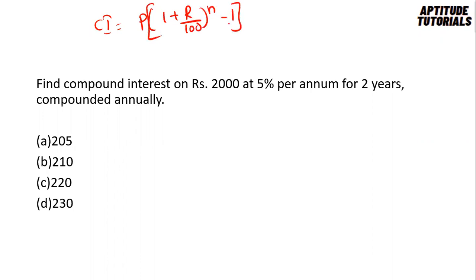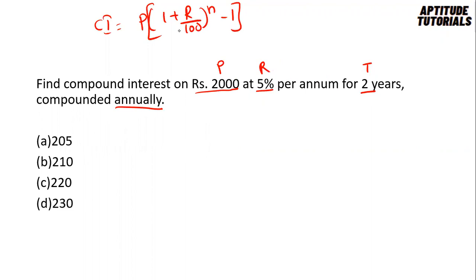So you have the values already here. It's a direct question. Find the compound interest on rupees 2000 means this is the principal that you're investing in this question, and rate of interest is nothing but 5%. Time period is nothing but 2 years. Compounded annually. What is the meaning of annually? They are calculating the compound interest after every year or for 1 year, we can say.